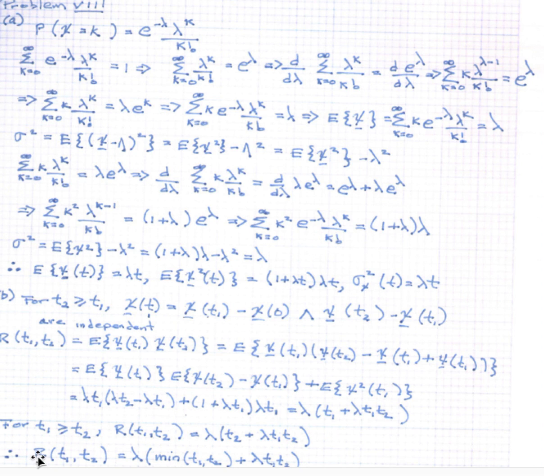Therefore the correlation R of t1, t2 is equal to lambda times the minimum of t1, t2 plus lambda squared t1 t2.